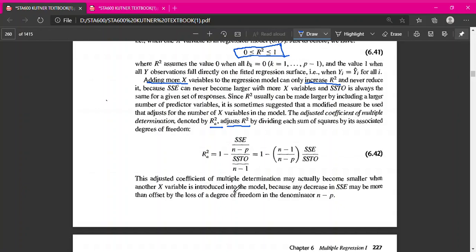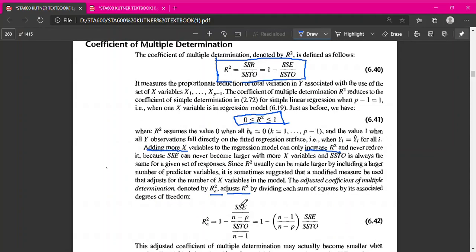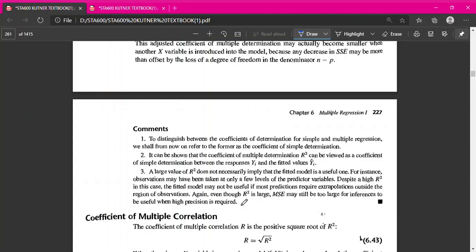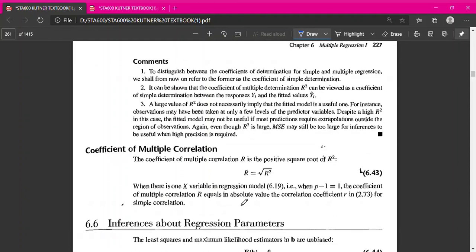Tapi for practical kita boleh jugalah, it is also relevant if we use the value of R square untuk nak interpret the total of variation in the dataset. Okay, and then from that we'll also can find the value of R. Bila ada R square, bolehlah cari value of R, which is square root of the R square.